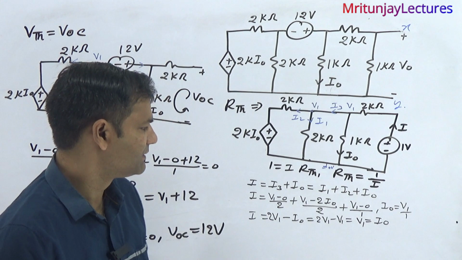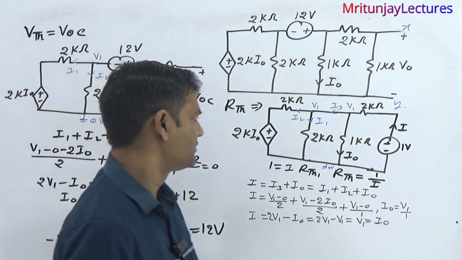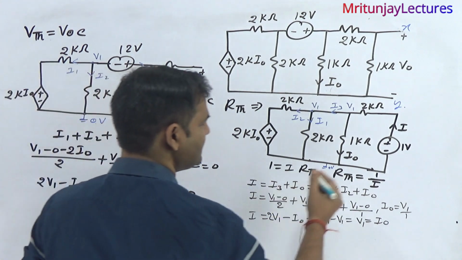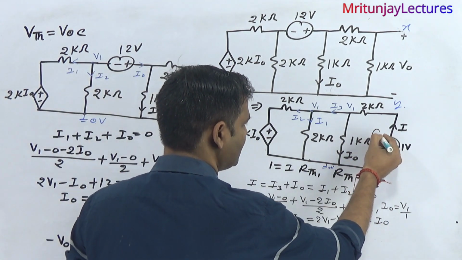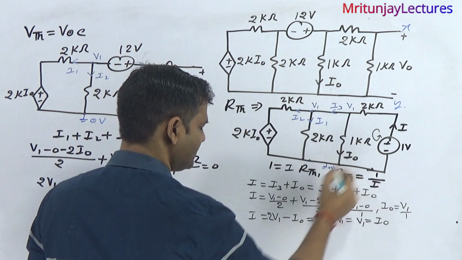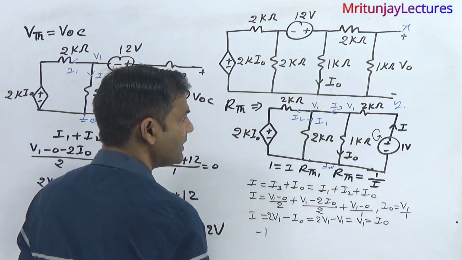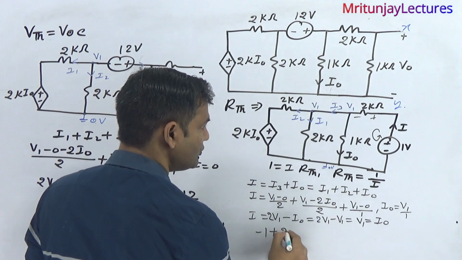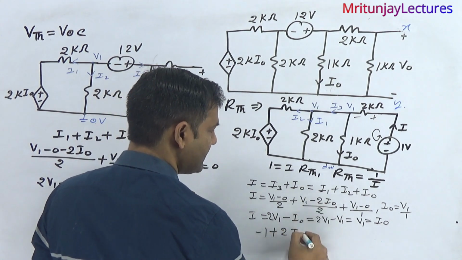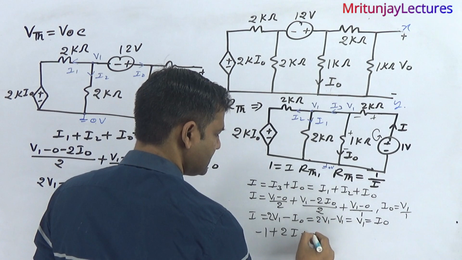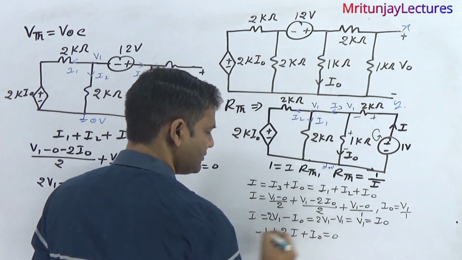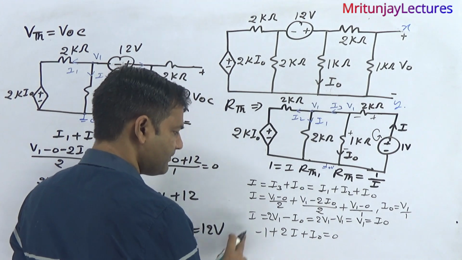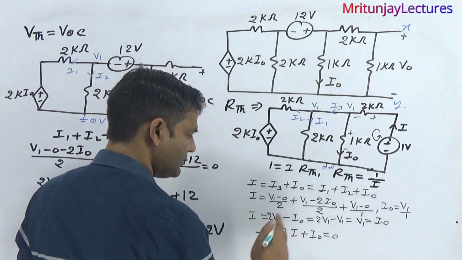Now the next target is to determine I0. So how can we determine I0? Apply KVL in this loop: minus 1 volt plus 2 into I plus I0 equals 0. Clear? I equals I0, and I put this value here.